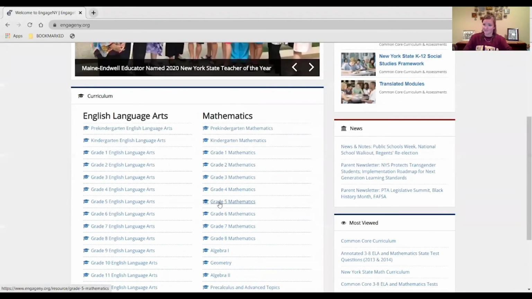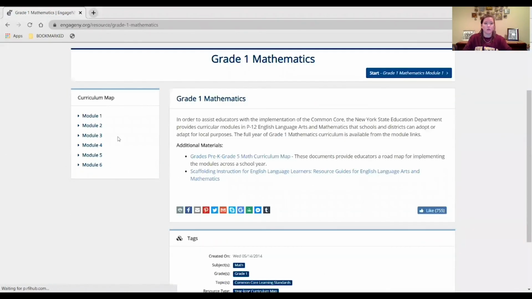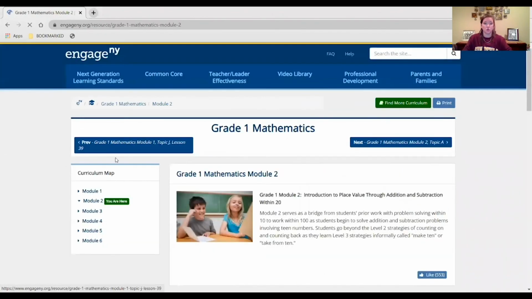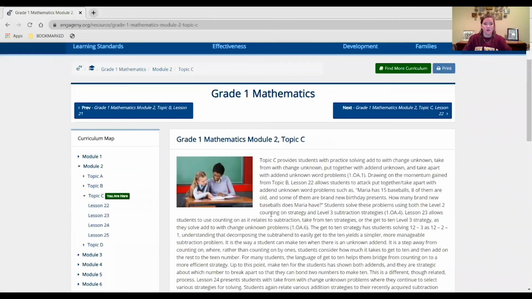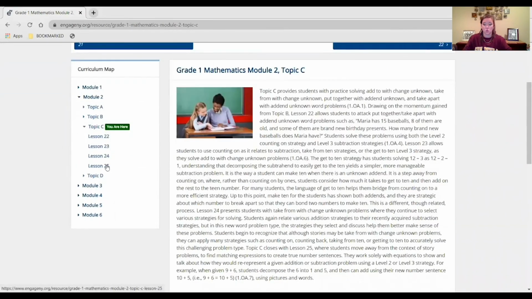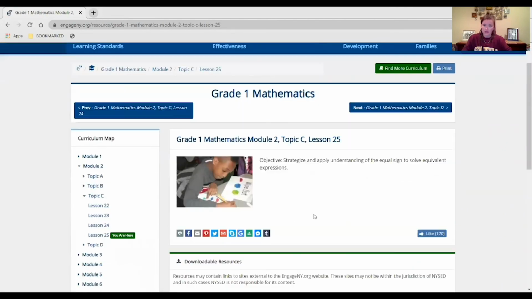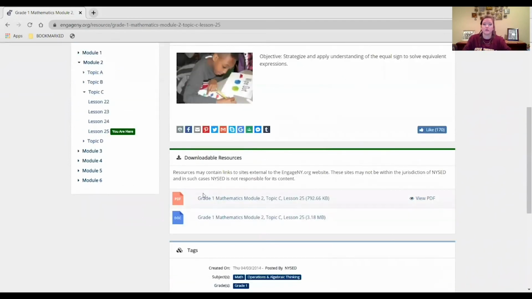Since we are learning mathematics, we're going to go to grade 1. And we are still in module 2. But we come all the way down over here. We're going to go to topic C. And this was lesson 25. All right, and then you're going to come right down here to where it says PDF, and you're going to click on that.